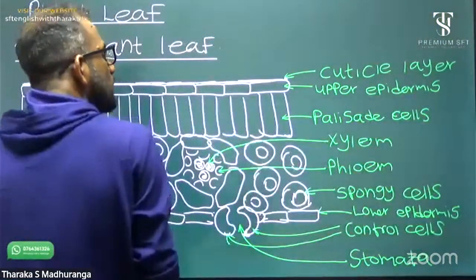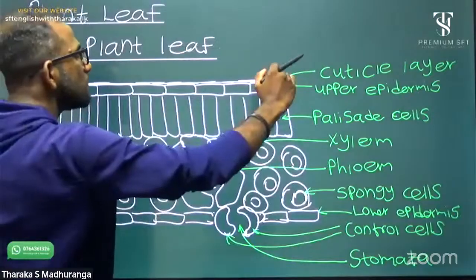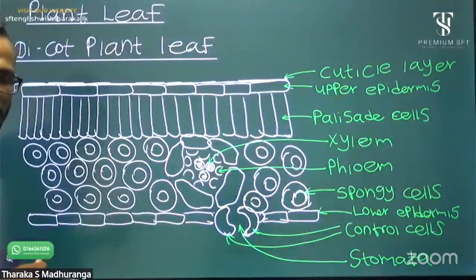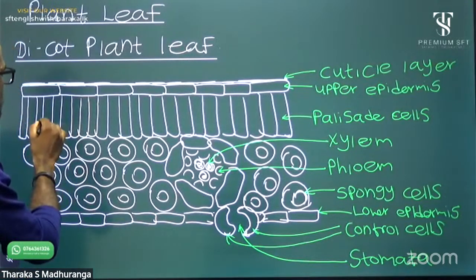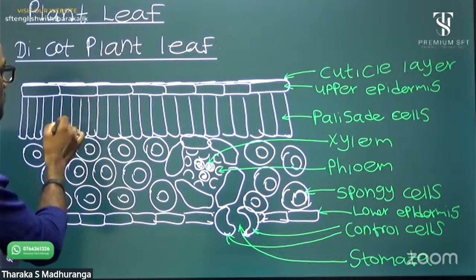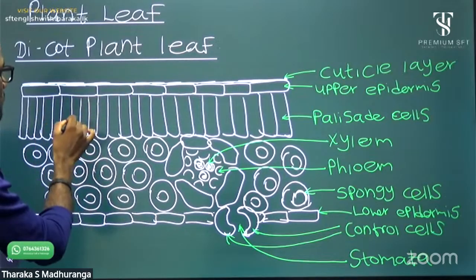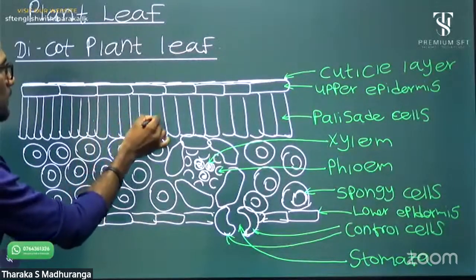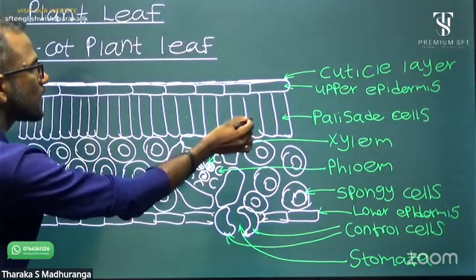And this upper epidermis is just a cell layer that is important for the protection of the internal organelles. Below the epidermis are the palisade cells. Palisade cells are important.